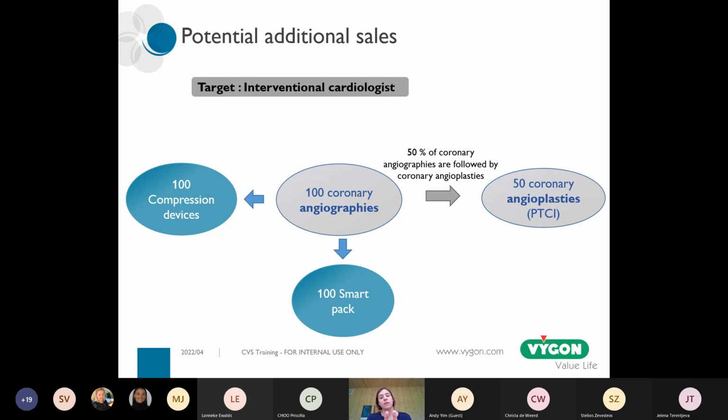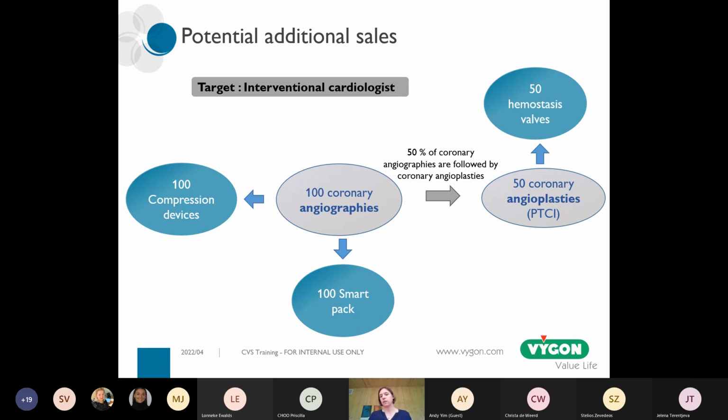If there are 100 coronary angiographies, we know that approximately 50% of coronary angiographies are followed by coronary angioplasties, in the same time or not, it depends. If it's not in the same time, you will have 50 compression devices in addition. But if it is in the same time, you will have 50 hemostasis valves.